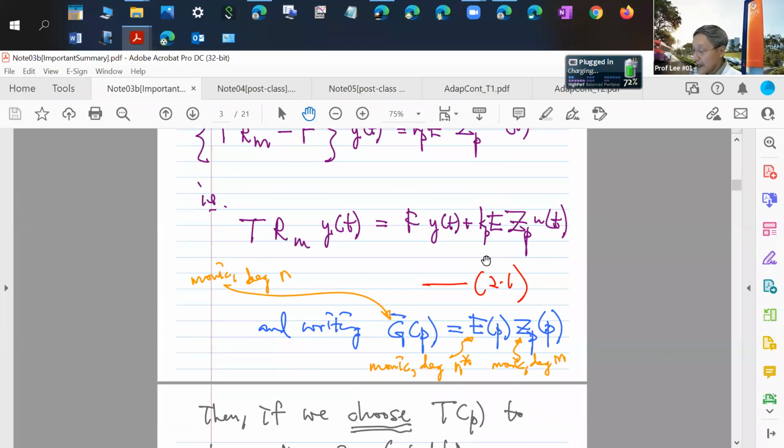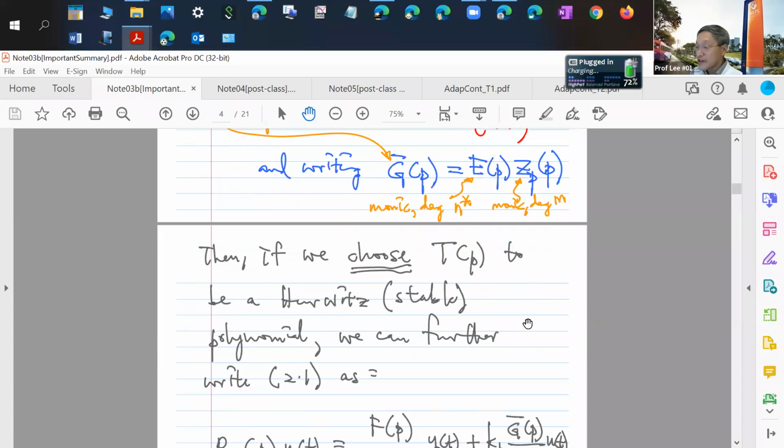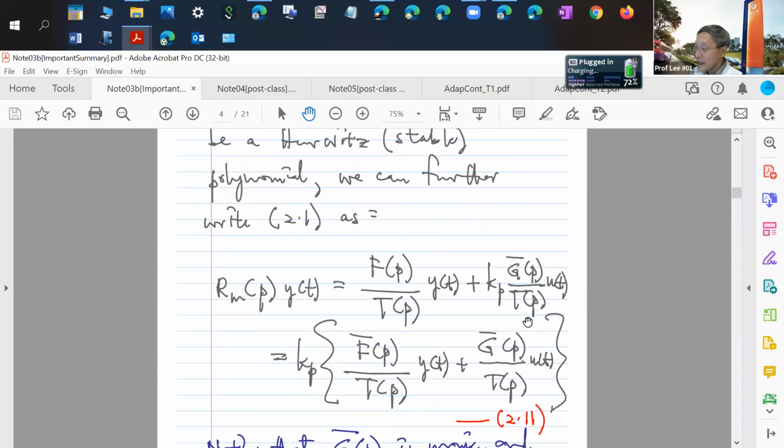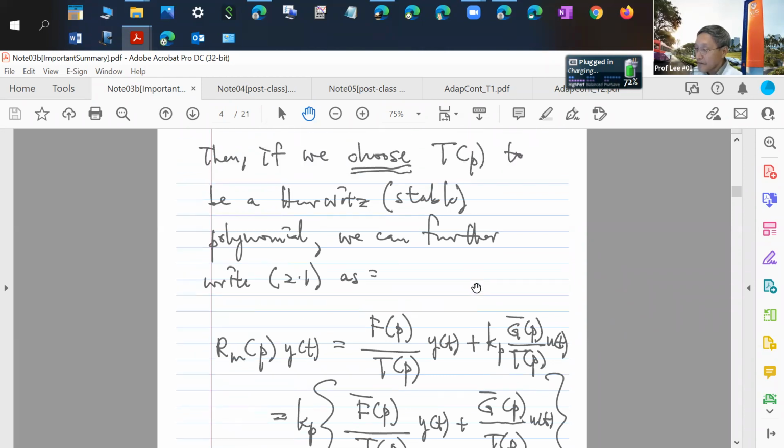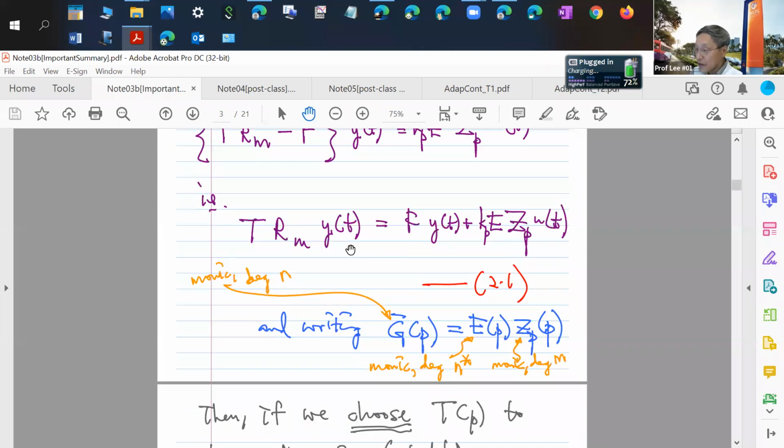All right, so we can call this the G bar polynomial. This is of degree n star, this is of degree m, added together, this whole thing will be of degree n, all right, and monic. Okay, so now if we begin to look at how this whole thing comes about, in particular, what we do is we operate on both sides by a 1 over T filter, all right, and also linear, time invariant, right?